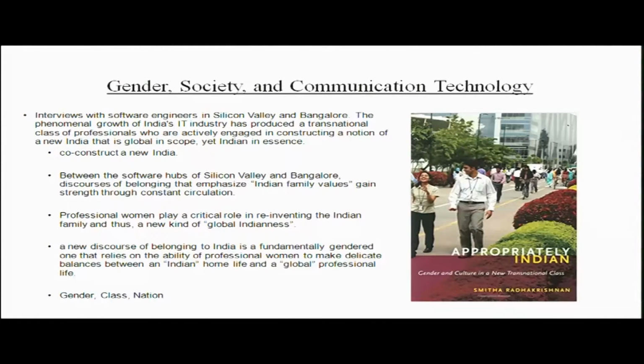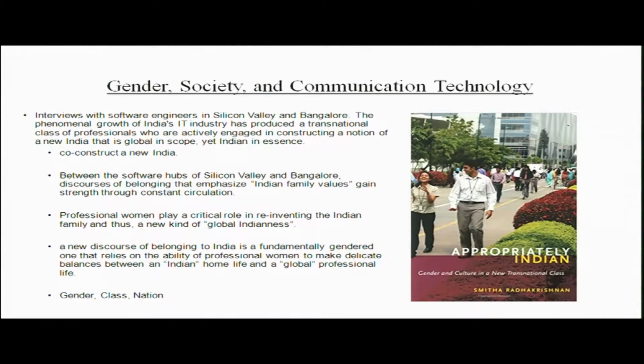So what emerges from this work is a new discourse of belonging to India as a fundamentally gendered one that relies on the ability of professional women to make delicate balances between an Indian home life and a global professional life. And all of these are posited on the intersections of gender, class and nation, using an intersectionality lens.